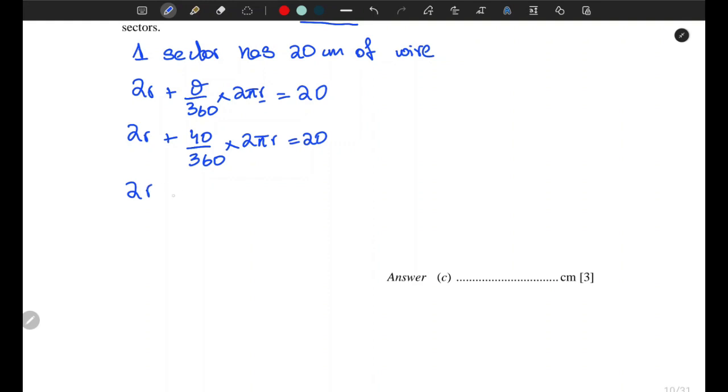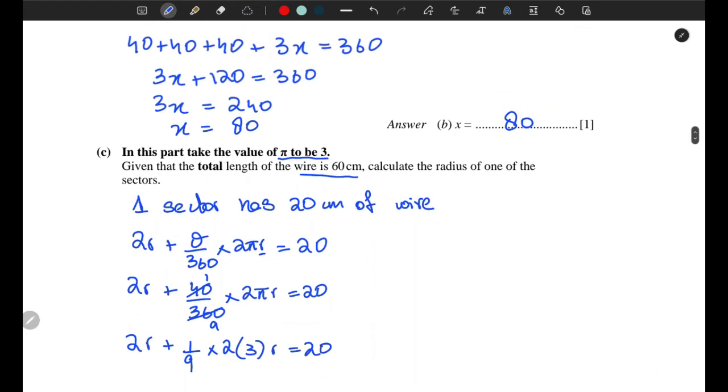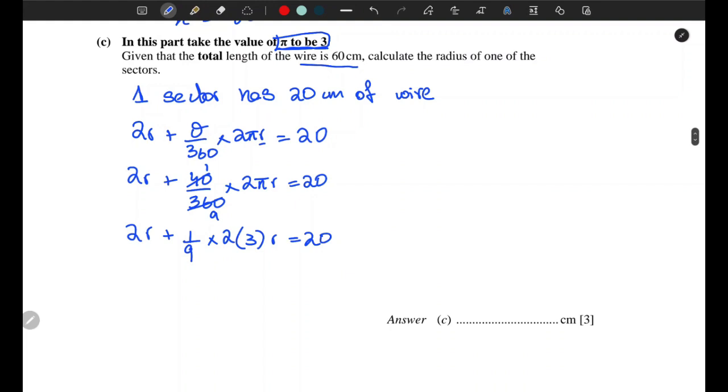So you get 2r plus 40, this becomes 1, this becomes 9. So 1 over 9 into 2. And pi now I will put in. So pi is 3, r is equal to 20. And I put 3 here because they have told you to take the value of pi as 3.